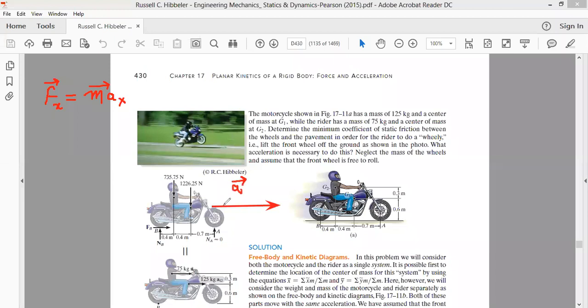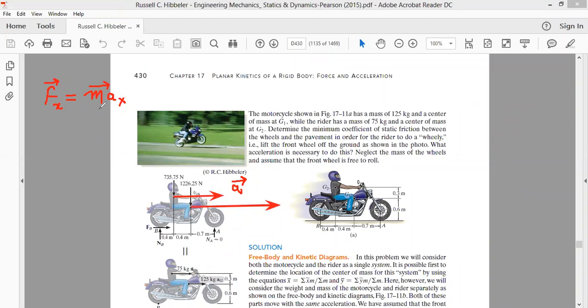Since the motorcycle and the motorcyclist are a single system, whatever is the acceleration of the motorcycle, the same will be the acceleration of the rider. So the rider is also moving forward with an acceleration of a meter per second square, and the motorcycle is also moving forward with an acceleration of a meter per second square.